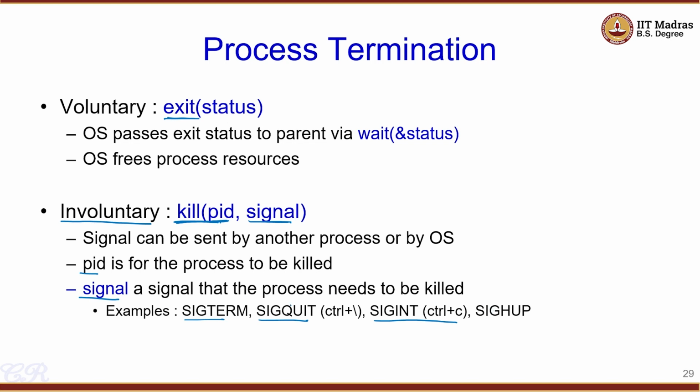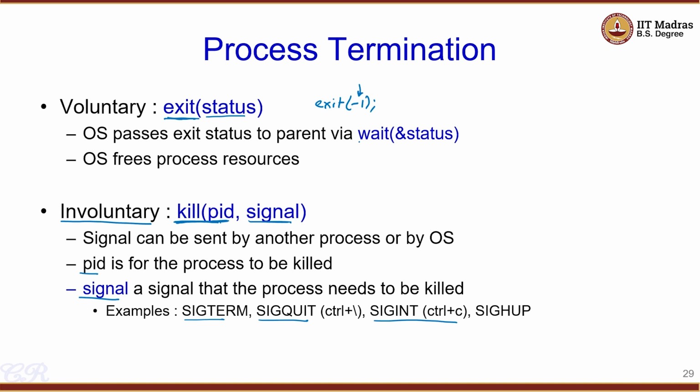In the voluntary way, the child process itself calls exit with a particular status. For example, exit -1, right. So, -1 here is a status, and this status is essentially given back to the parent process.